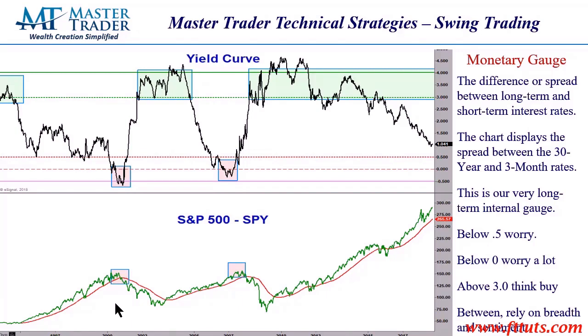And then when it gets above 3.0, that's extremely bullish, where the spread between those yields is historically very wide, and the bottom takes a while to form as well. But we've got objective information that tells us to think buy here. And then we're going to wait for that price confirmation, and we're also going to rely on breadth and sentiment and everything else that you've learned here to put it all together, to be objective, because during corrections, we really don't know how low it's going to go.